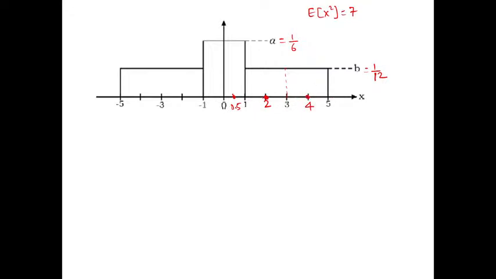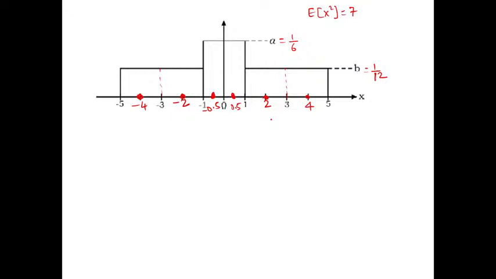So 0.5, 2 and 4 are representation levels. Similarly, we will have 3 representation levels for the negative values: minus 0.5, minus 2 and minus 4. So these are the 6 representation levels.